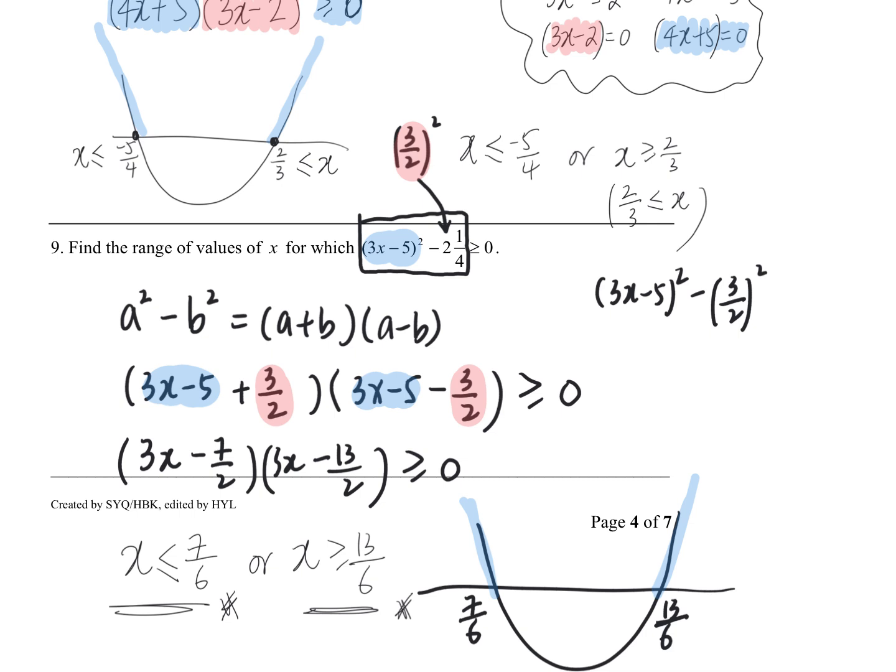Yeah, the right side must always be 0. So bring everything to one side and factorize first.